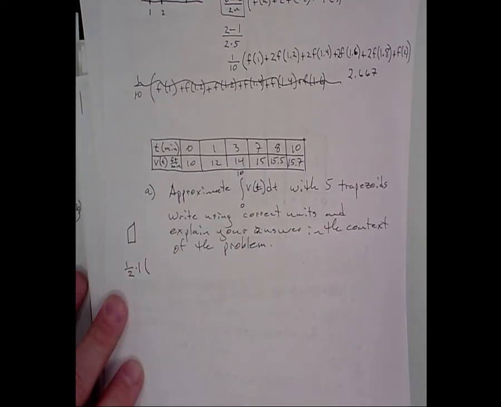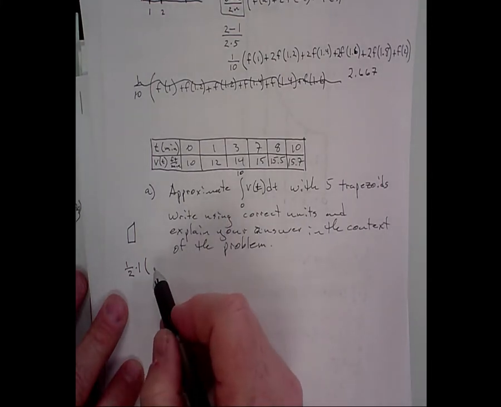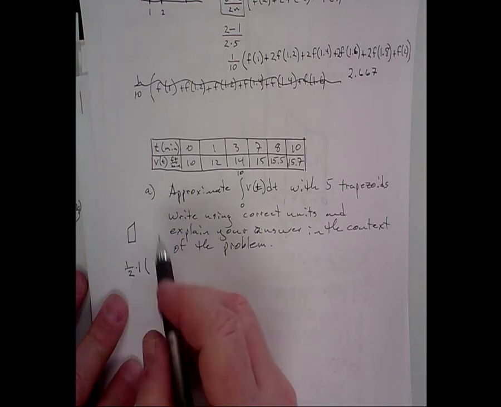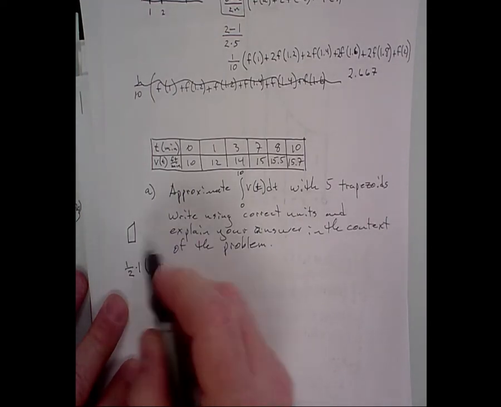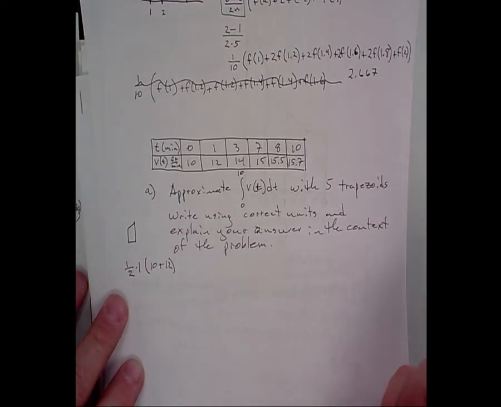Remember, I got to do this by hand. What is B1? In other words, what's this length? 10. Plus, what's this length? 12. I got 1 done. I have 4 left to do.